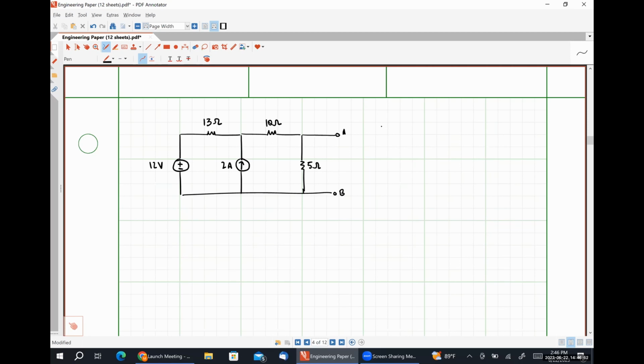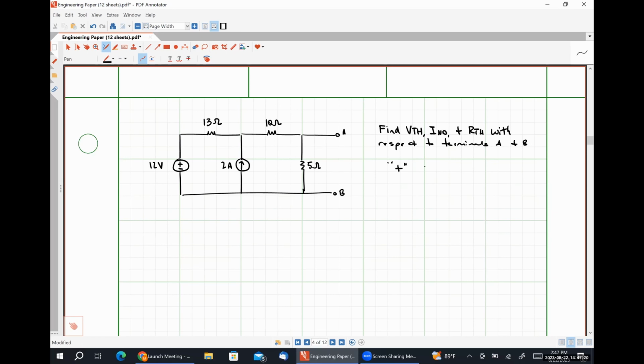And I want us to find V Thevenin, I Norton, and R Thevenin with respect to terminals A and B.